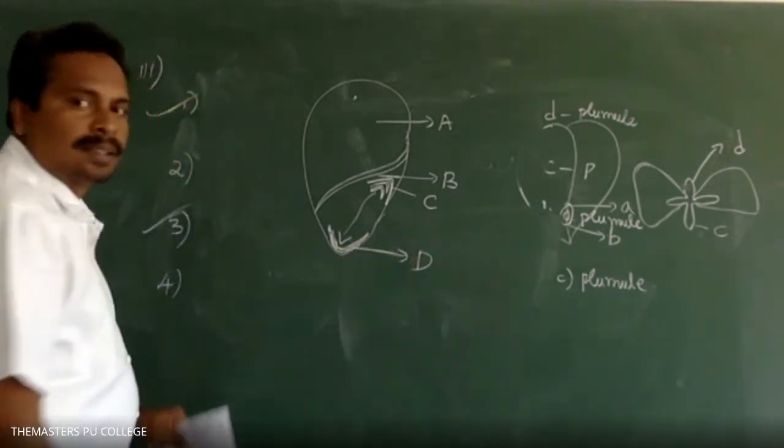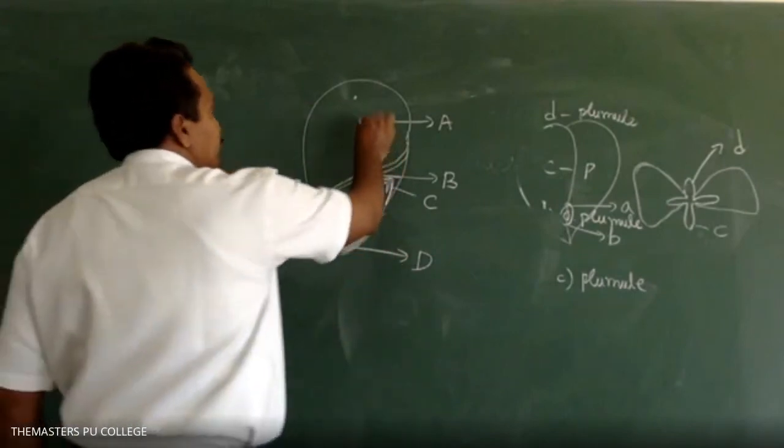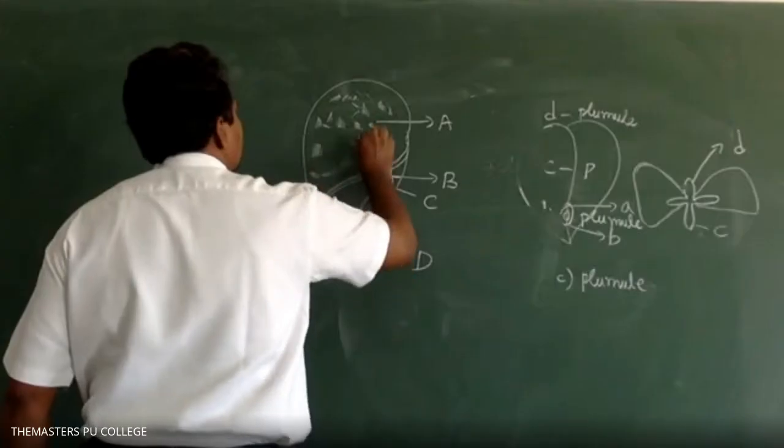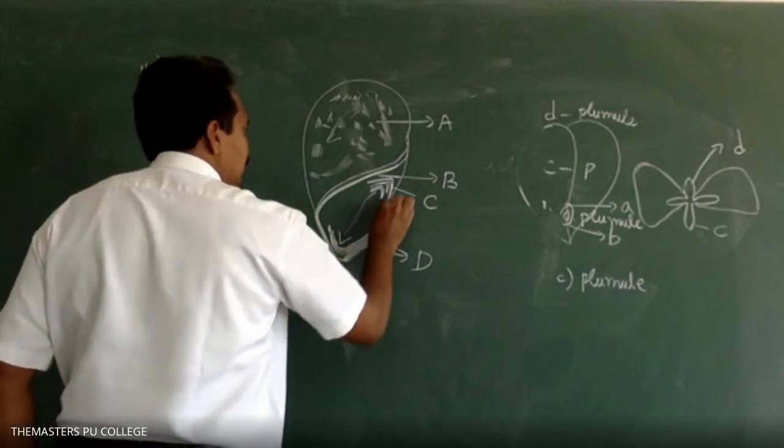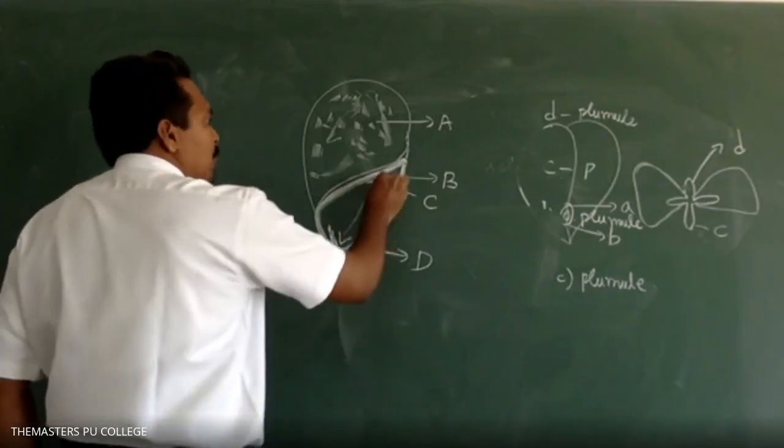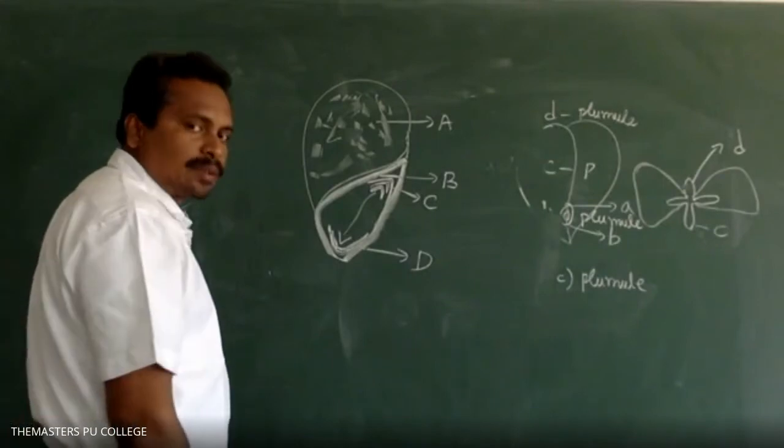What is A? A represents endosperm, sir. Very good. B is the scutellum. Very good. Next, C is coleoptile, right.